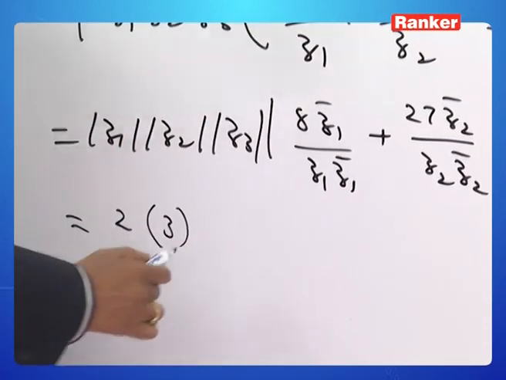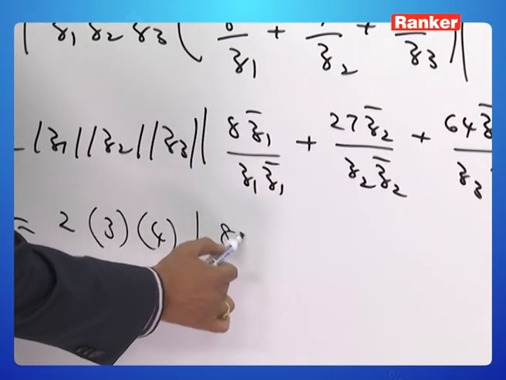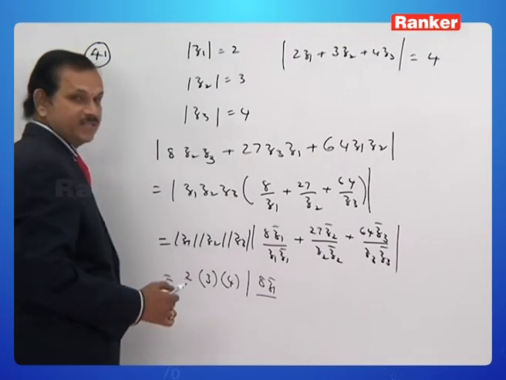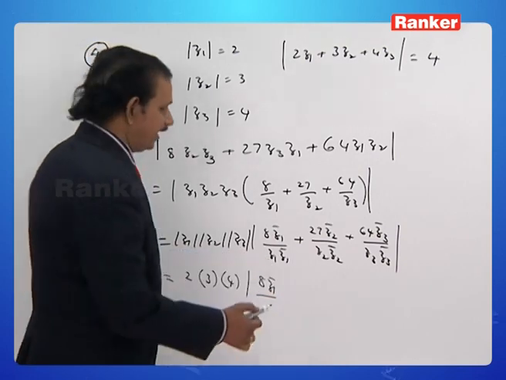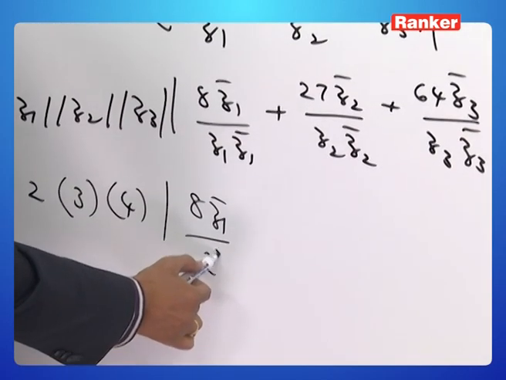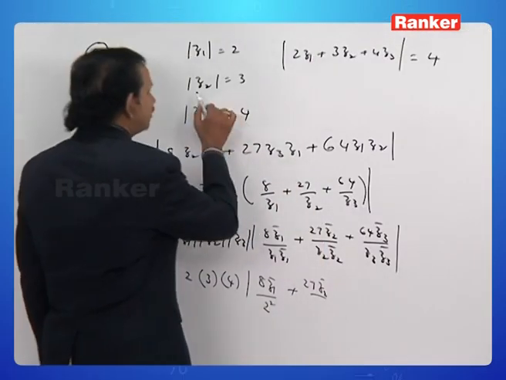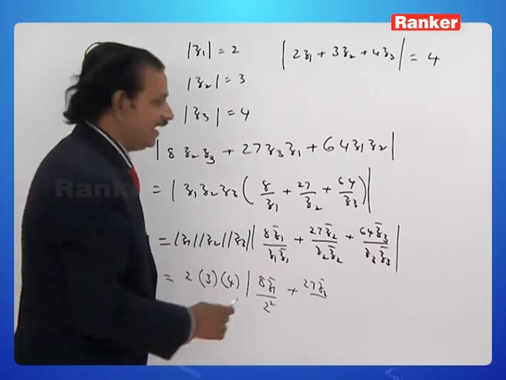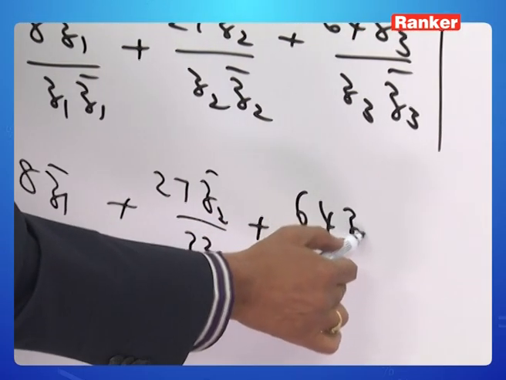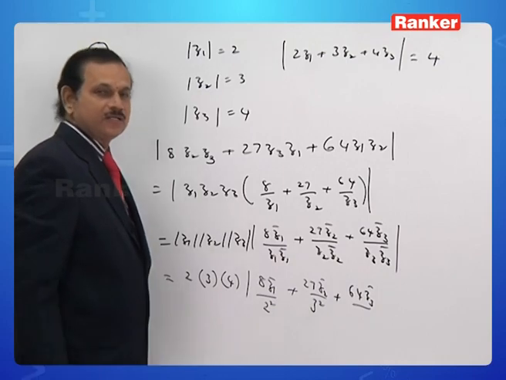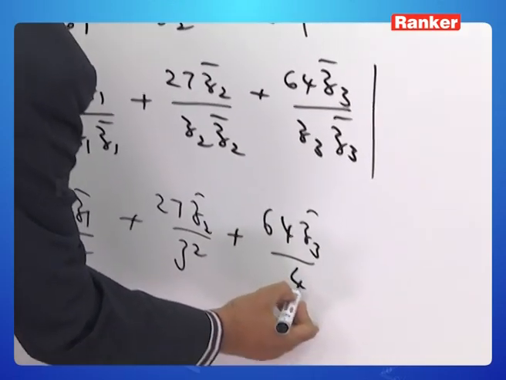What is mod Z3? 4, into mod of 8 Z1 bar by mod Z1 square, which is 2 square, plus 27 Z2 bar by mod Z2 square, which is 3 square, plus 64 Z3 bar by mod Z3 whole square. What is mod Z3? 4. So it is 4 square.